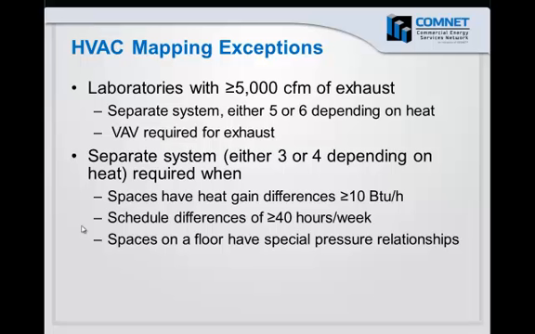It applies to any type of building, and what it says is that separate systems, either 3 or 4, which are basically single zone rooftop packages, 4 is a heat pump and 3 is a furnace, are used for spaces when they have a heat gain difference of more than or equal to 10 BTUs an hour, or when there's a scheduling difference of more than 40 hours in a week.